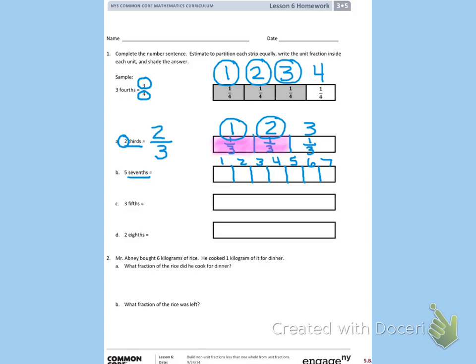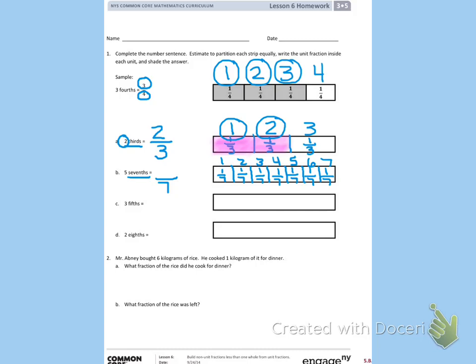That 7 needs to be the number on the bottom part of the unit fraction because the rectangular strip has been divided into sevenths. Now I need to write the unit fraction inside each unit. So each unit is worth 1/7 of the rectangle, because it is one of the 7 pieces.